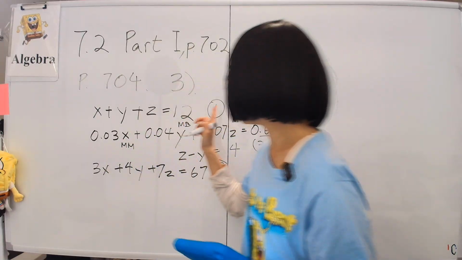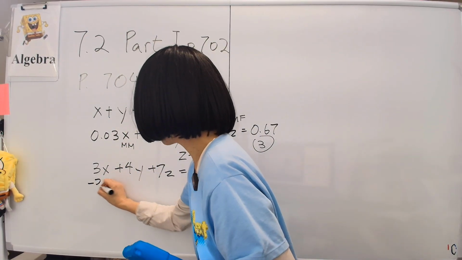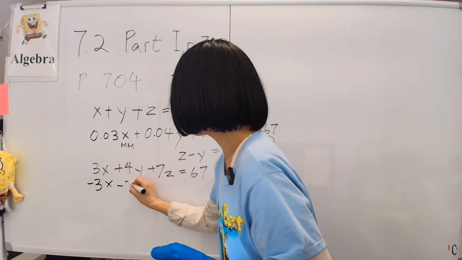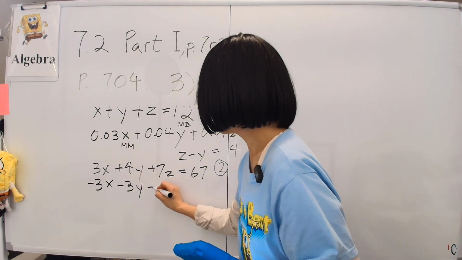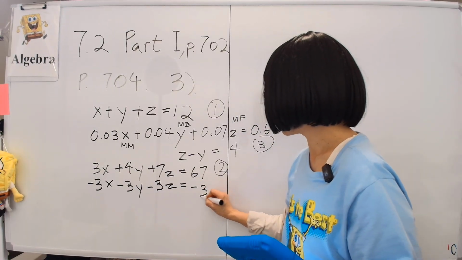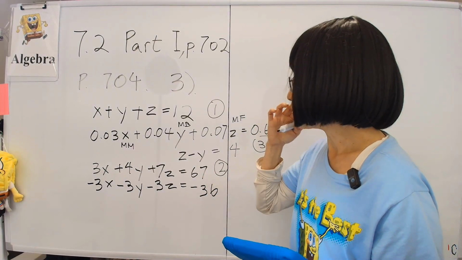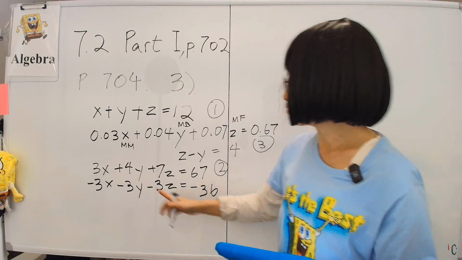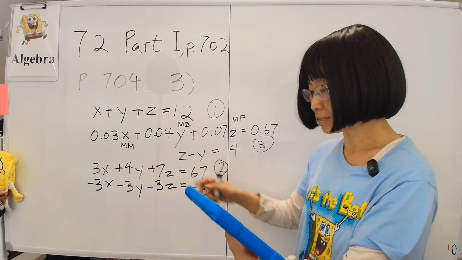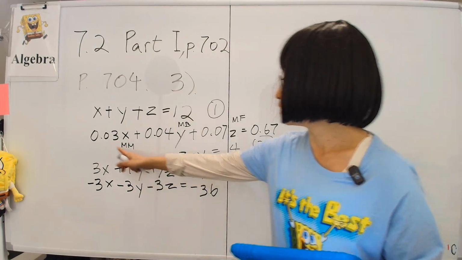Multiplying equation 1 by -3, we get minus 3x minus 3y minus 3z equals minus 36. I'm writing it a bit close. Oh well. Now we add these two equations to get rid of the x part.